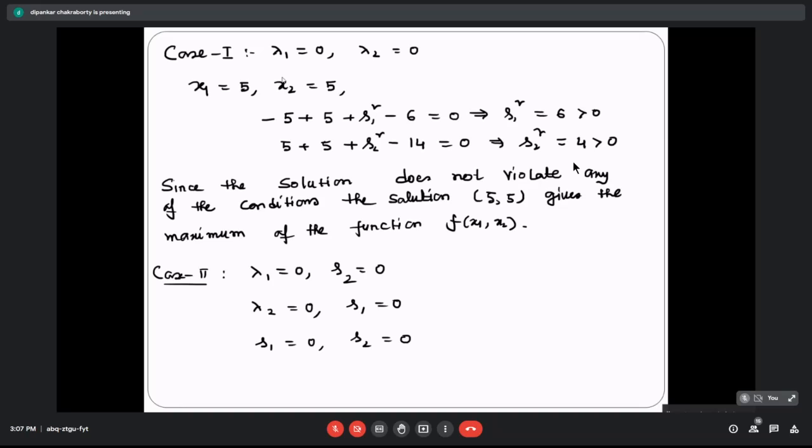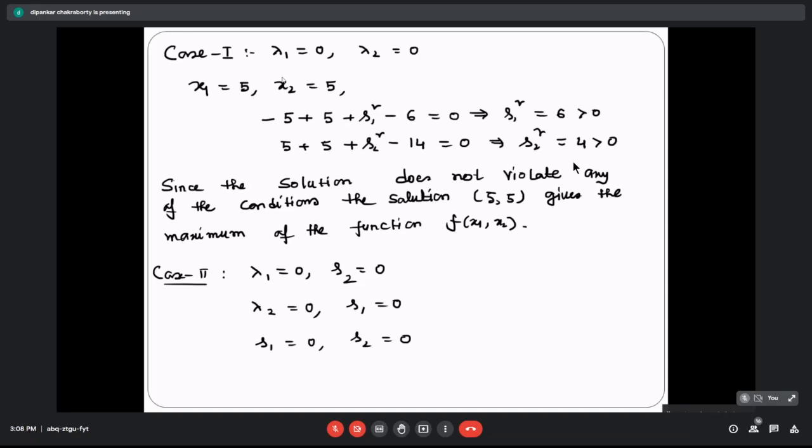When we have used lambda 1 and lambda 2, why do we need to bring them in? Because of the constraints. Very good.